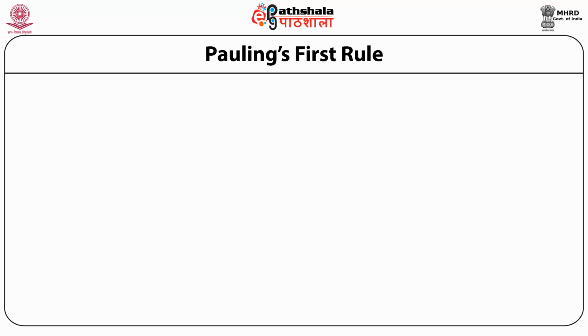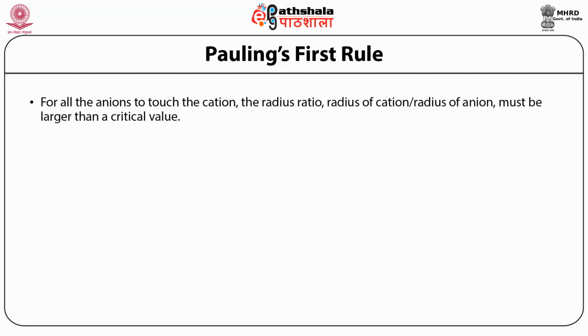Now let us take an example. Consider a coordination number of 3, that is, 3 anions forming a triangle with the cation sitting at the center of the triangle. This can be seen in the figure shown on the left hand side. For the cation to touch the anion, the radius ratio must be larger than a critical value which is shown in the figure.